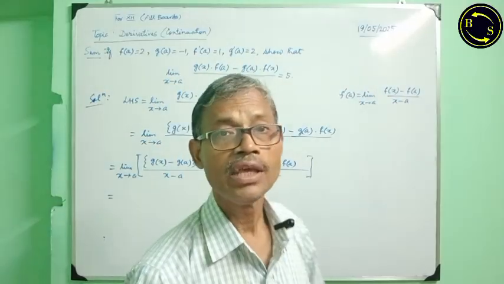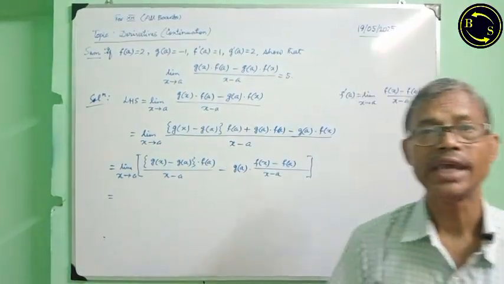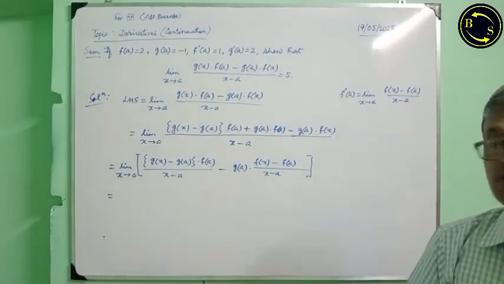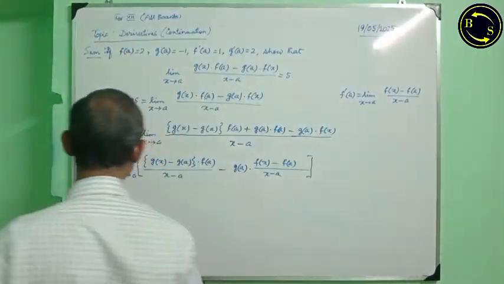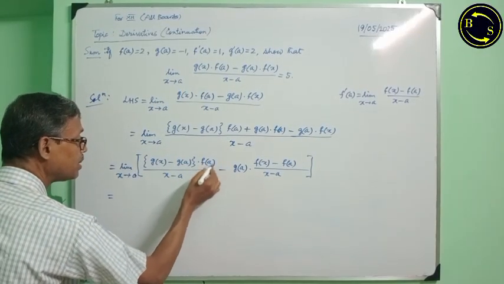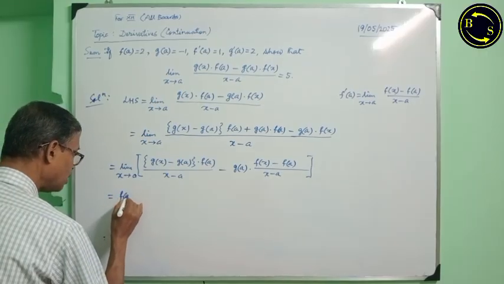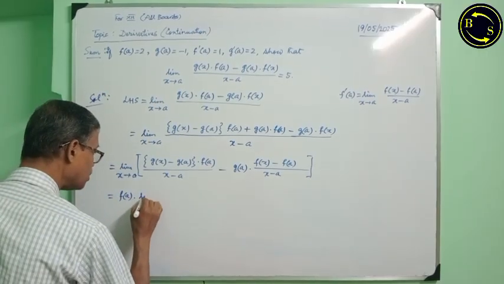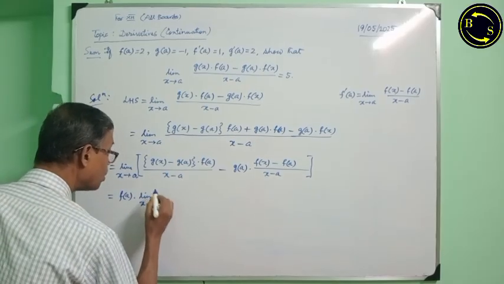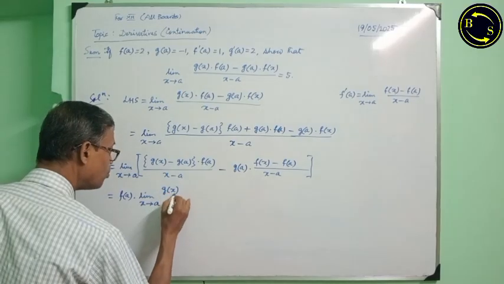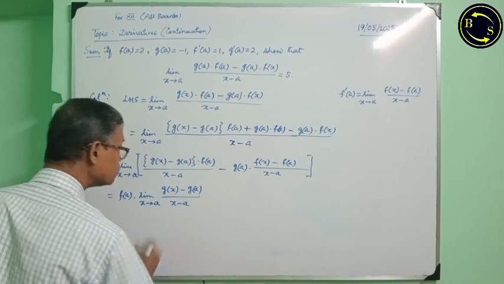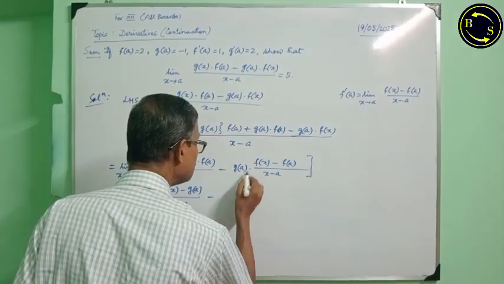Limit x tends to a, fx plus gx is equal to limit x tends to a fx plus limit x tends to a gx. Those are the theorems, also you can call formula. Then fa is constant here, therefore fa will be outside the limit, minus ga is constant.